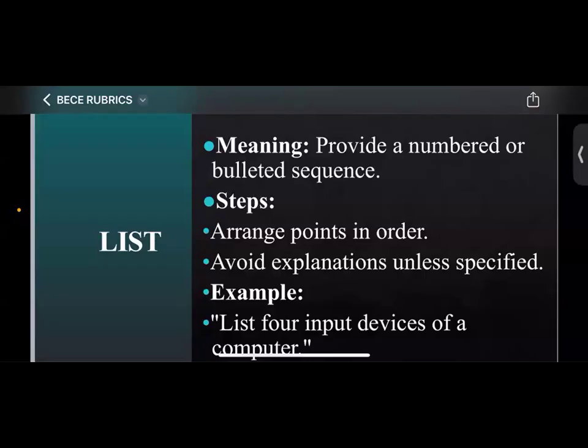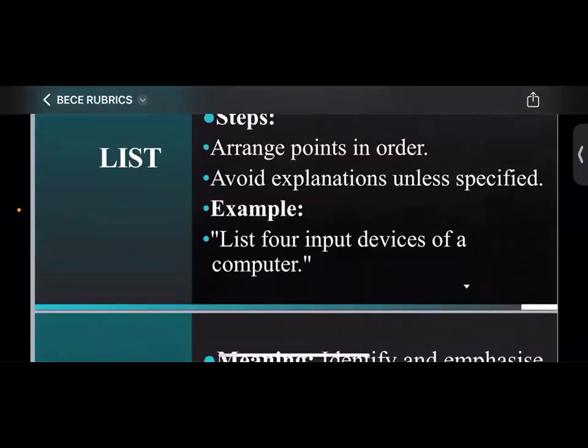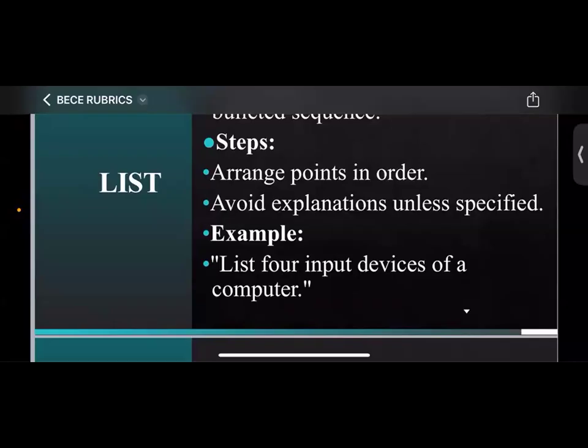Then you move on. Avoid explanations unless specified. Then example, list 4 input devices of a computer. You can talk about microphone. You can talk about the keyboard and so on and so forth.